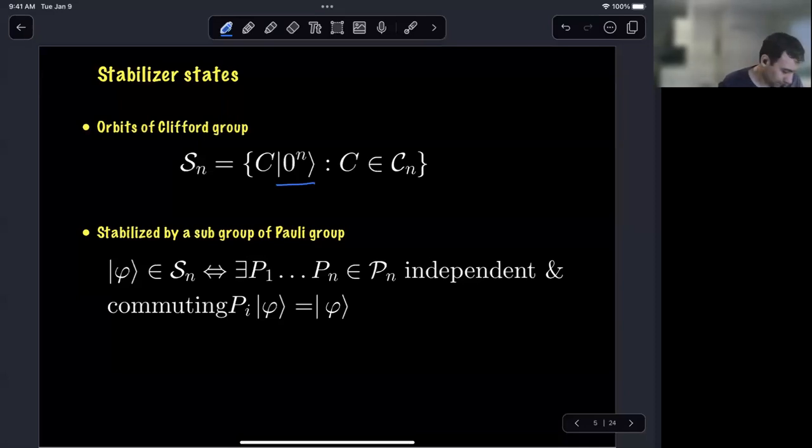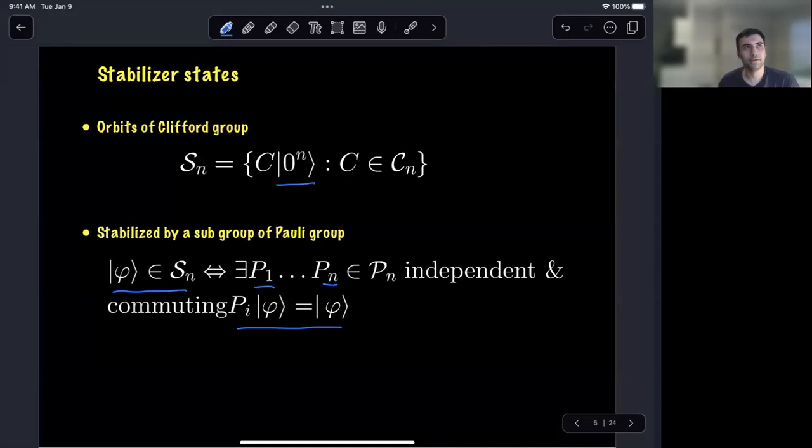So a state is a stabilizer state if you can choose n elements of the Pauli group that are independent, that is, you cannot write one as the product of others, and they're also commuting, and all these Pauli elements stabilize your state. If you apply that Pauli element to your state, it remains the same.